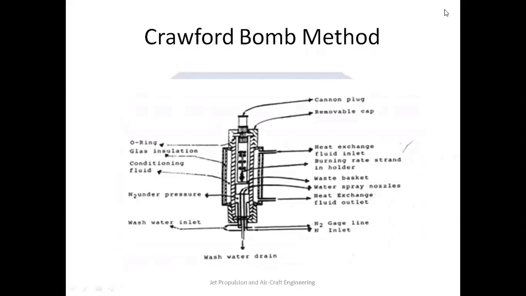Let's start with the first one, which is the Crawford bomb method. This technique was developed by Crawford and co-workers in 1947. In this method, fuse wires are embedded through the propellant strand at accurately measured distances, as you can see in the diagram. The propellant strands, having a diameter of 3 mm, are inhibited to exhibit only end burning.